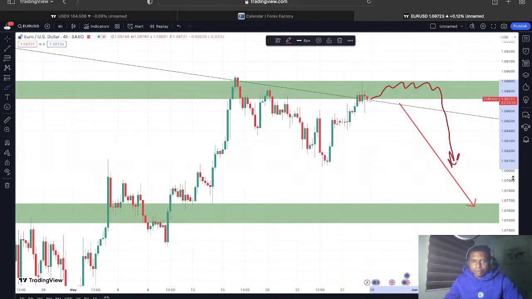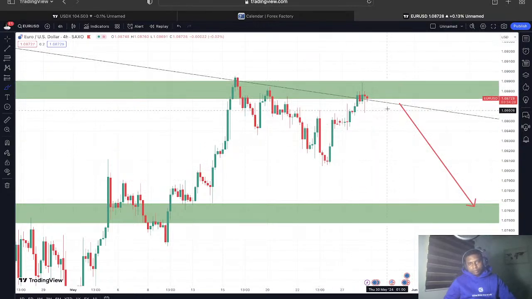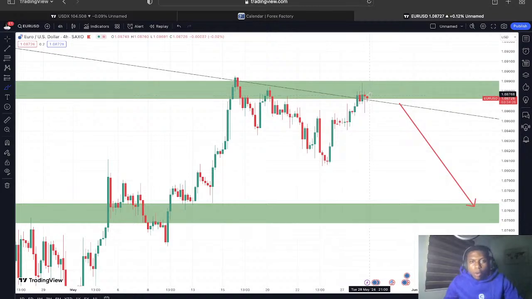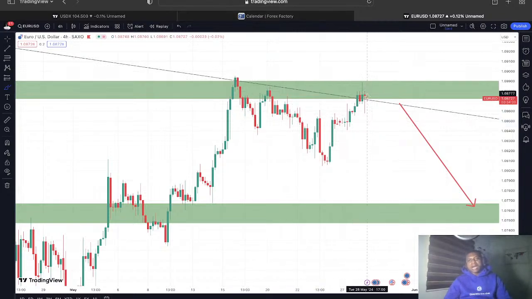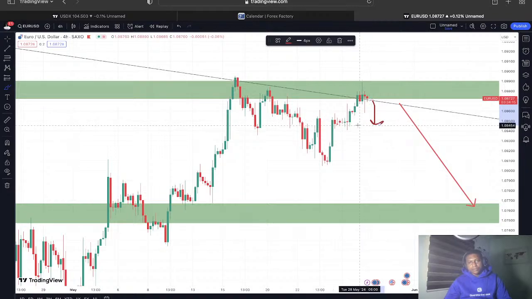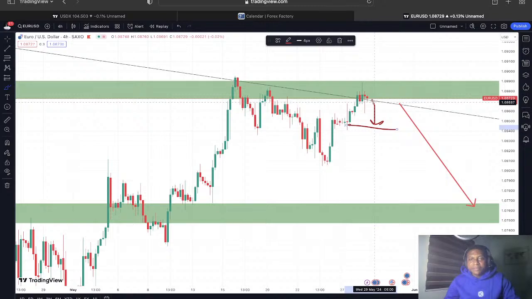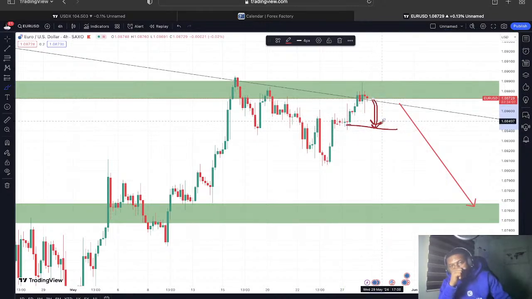This is what we are expecting. What would confirm that EUR/USD will drop further is if price closes below this level.